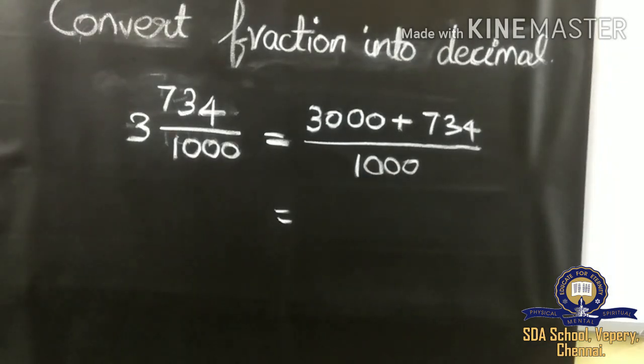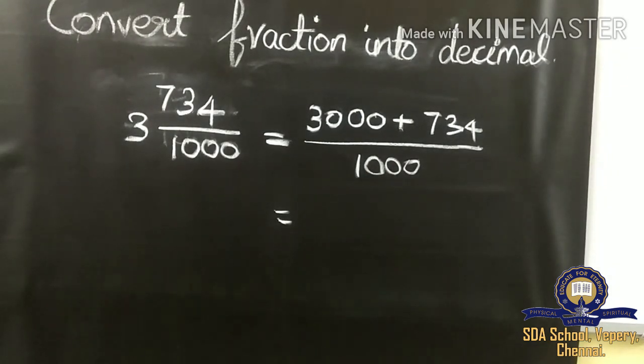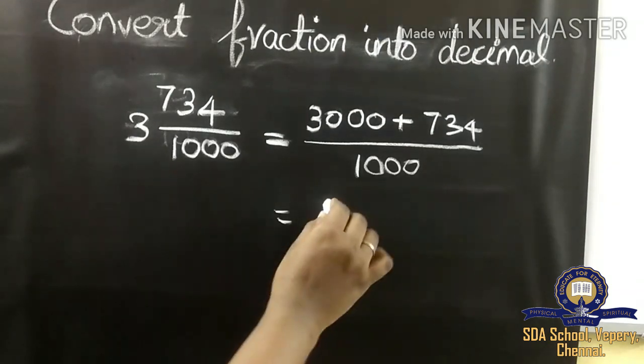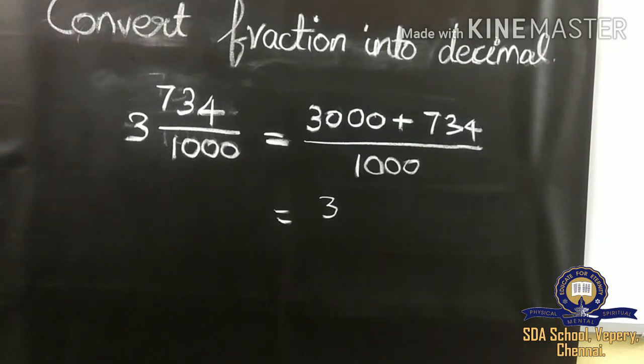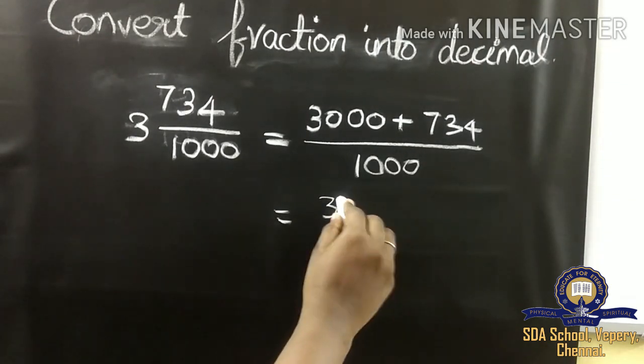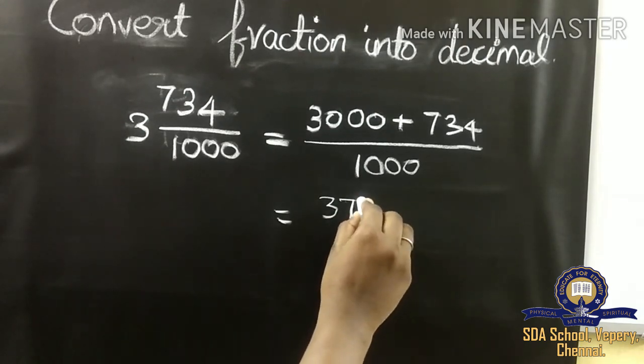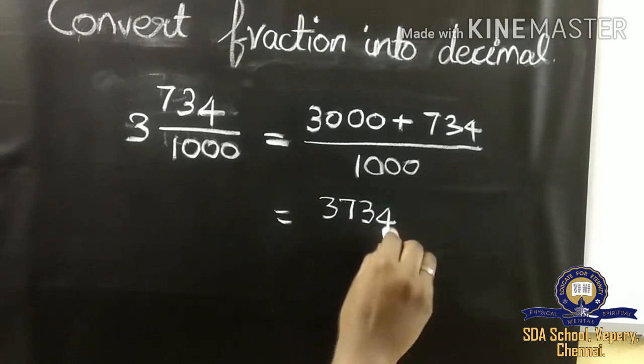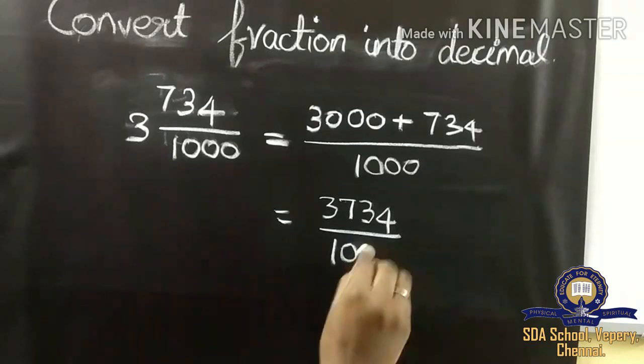If you add 3000 plus 734, what will be the answer? 3734 divided by 1000.